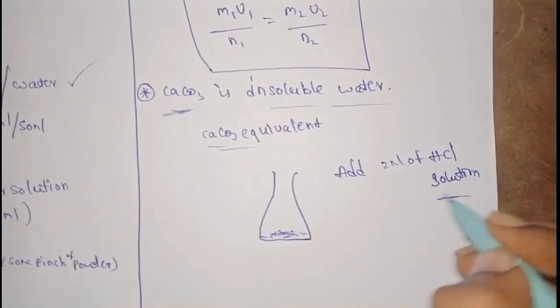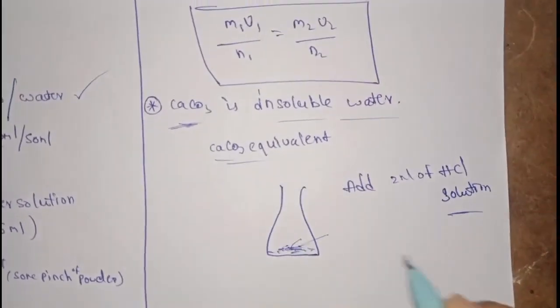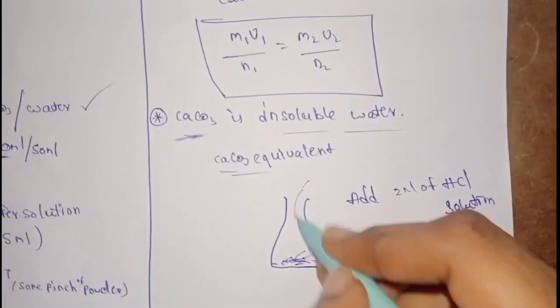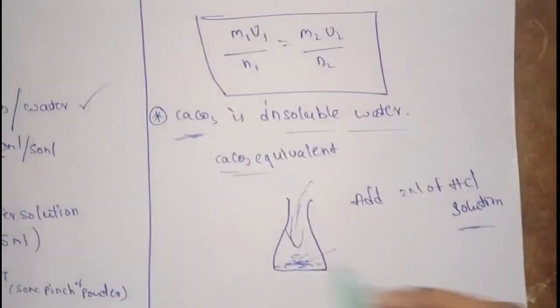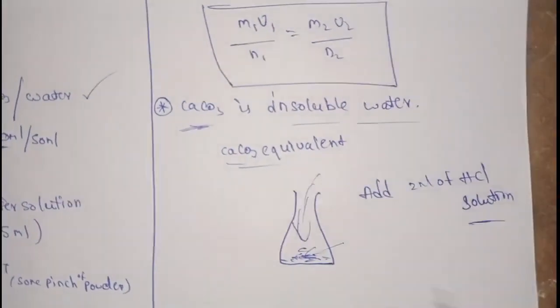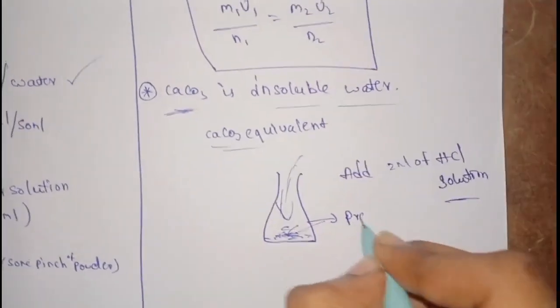By adding HCl, the calcium carbonate will dissolve after adding the water. Likewise the calcium carbonate solution is prepared.